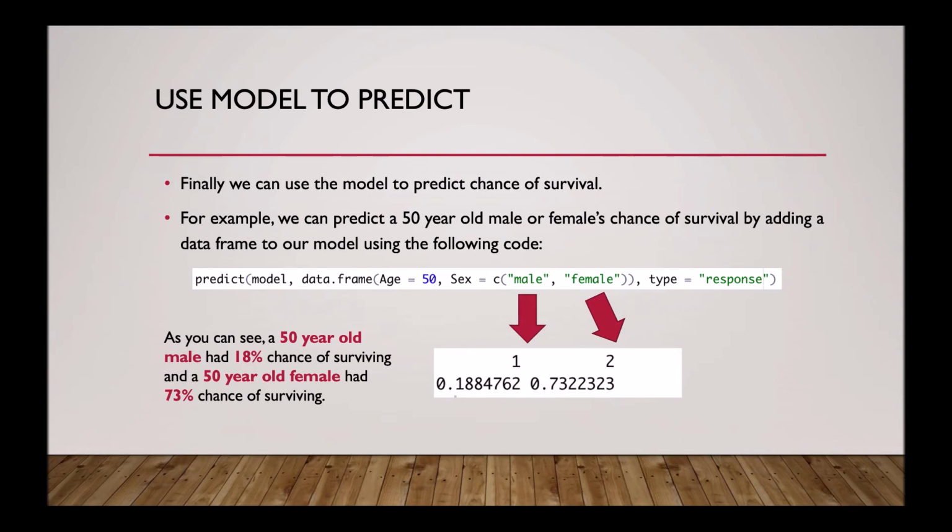As you can see, a 50-year-old male had an 18% chance of surviving, and a 50-year-old female had a 73% chance of surviving. You can have a go and change the characteristics yourself, but remember that age was not a significant predictor, so it's unlikely to change your results that much if you change the age from 50 to 30 or 50 to 80.